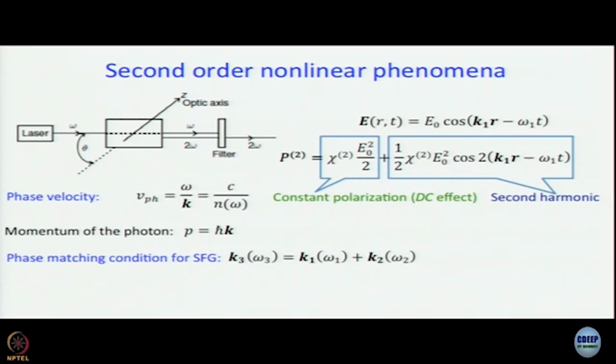What is the meaning of this? To understand the meaning of this, first of all, let us say we are working with collinear beams. Do we use collinear beams for some frequency generation or second harmonic generation? Well, for second harmonic generation, in any case, it is collinear, right? It is one beam that goes in.